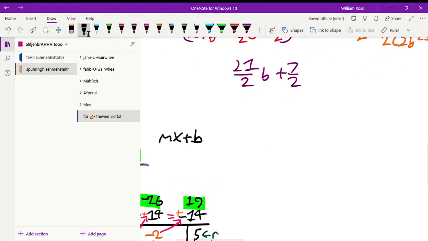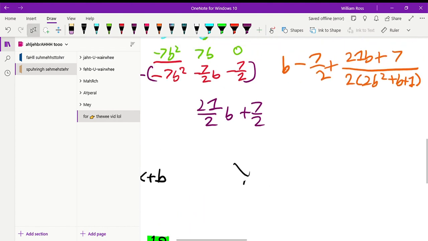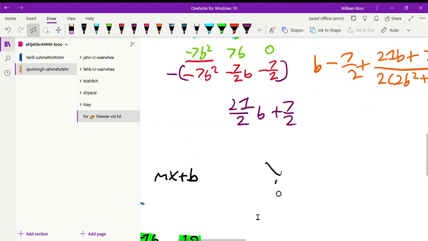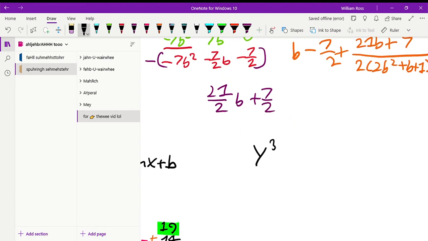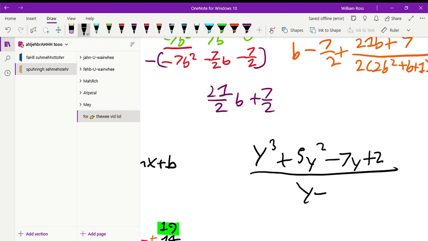Alright, let's do y to the third plus 5y squared minus 7y plus 2, divided by y minus 2.